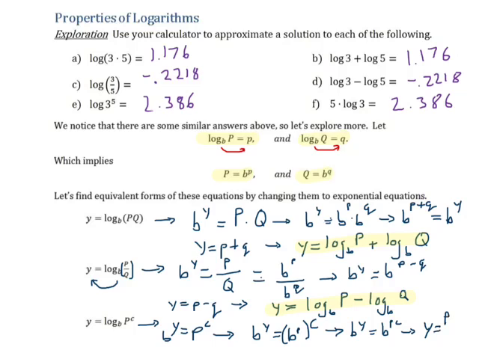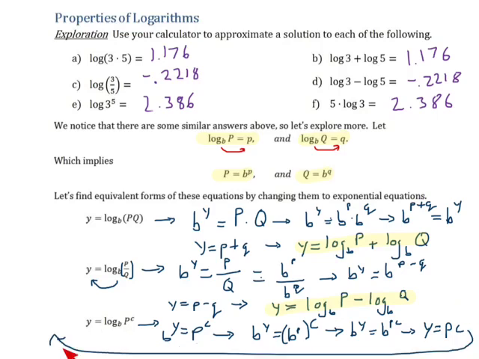I'm going to run out of room here. Then lastly, we're going to substitute what little p is. Little p is log base b of P. So let's substitute one last time here. So that gives us y equals log base b.